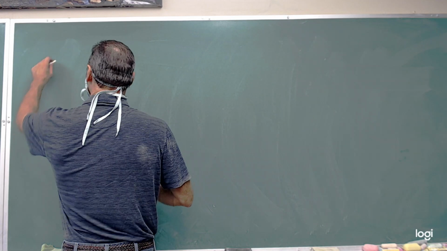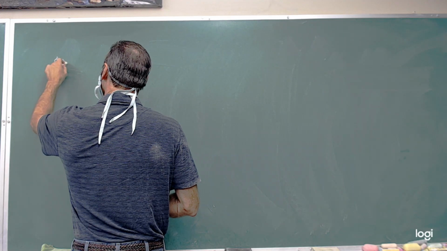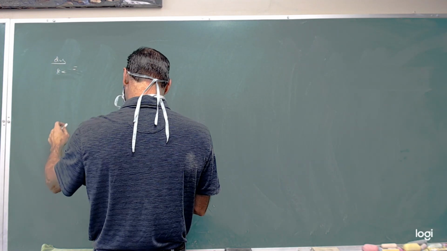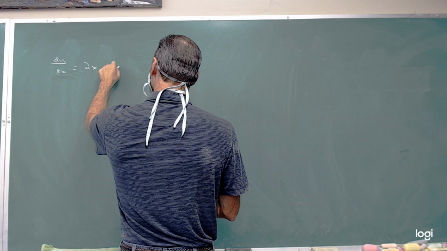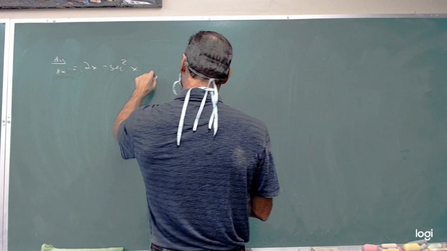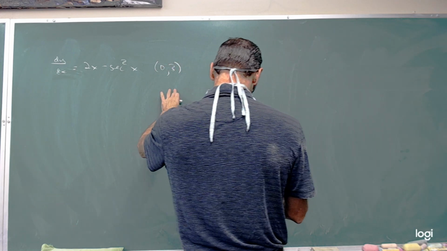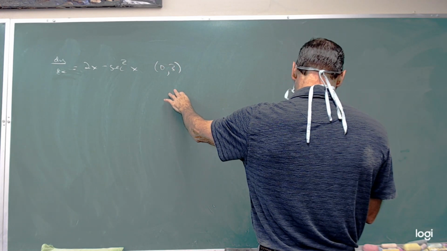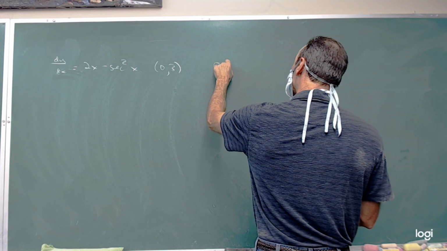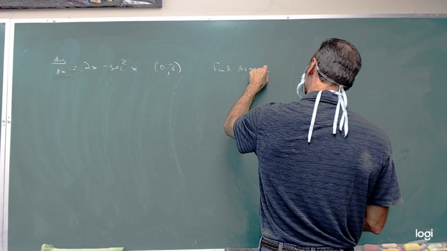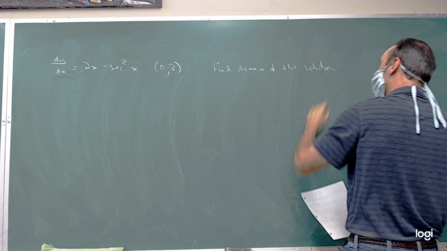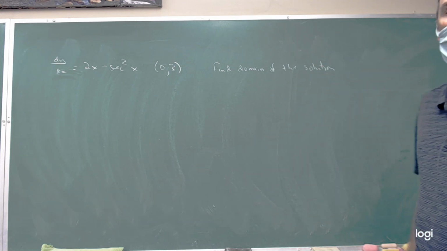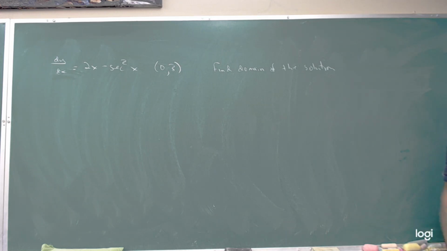So if we say, for example, dy dx is equal to 2x minus secant squared x, and our initial condition is 0, 3, then can we include the domain on our solution? So can you solve the differential equation, use the initial condition to get the value of c, and then decide what is the domain of your solution?